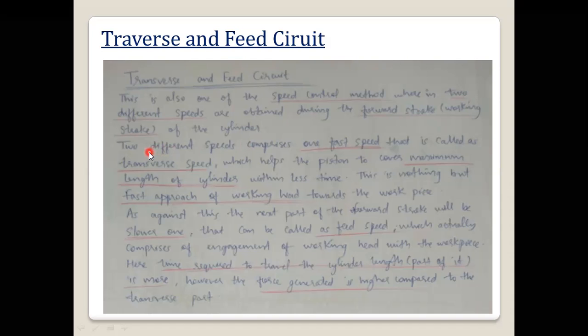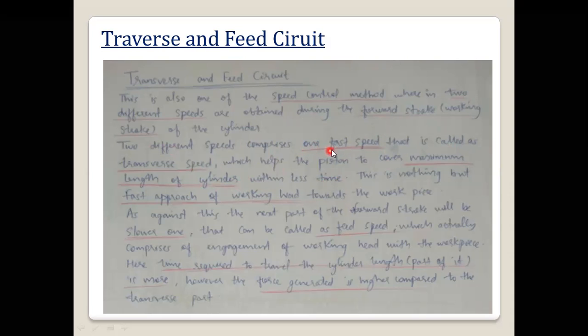The two different speeds comprise, first, the fast speed, which is called the traverse speed, which helps the piston to cover the maximum length of the cylinder within less time. So here in the traverse and feed circuit, in the forward stroke, we have the two speeds.